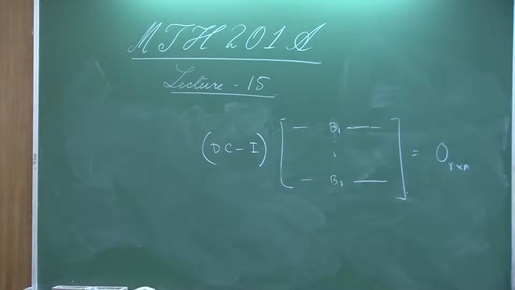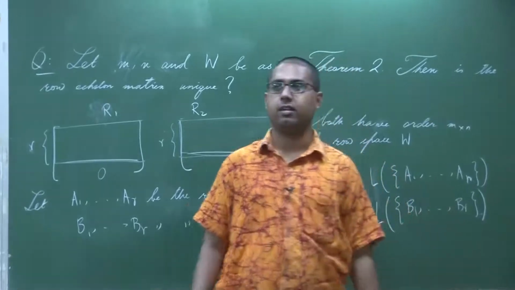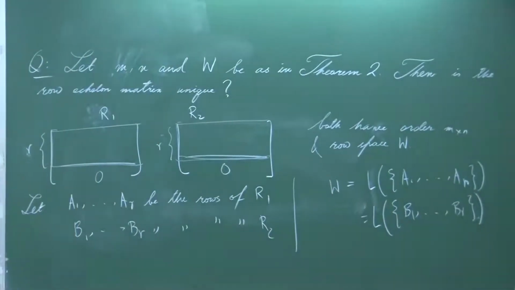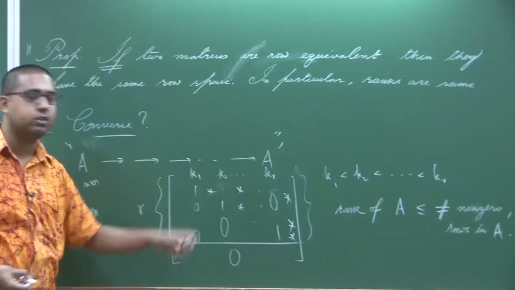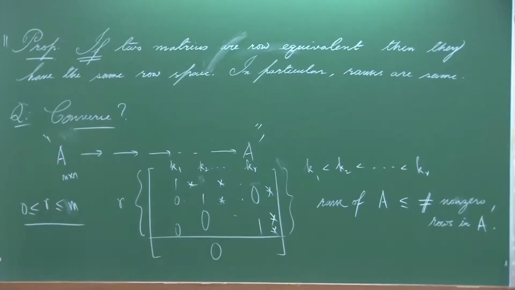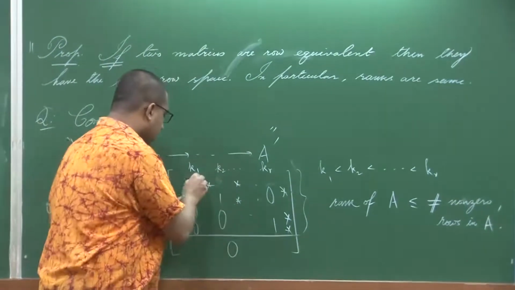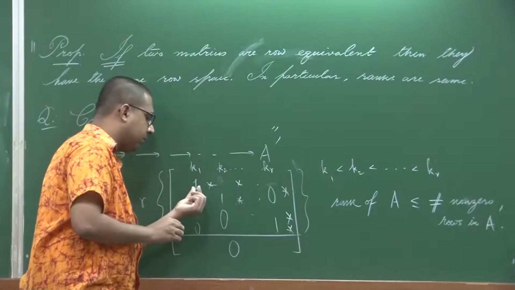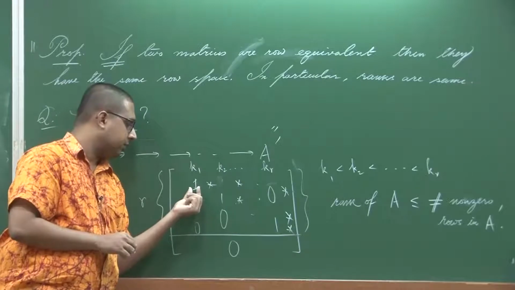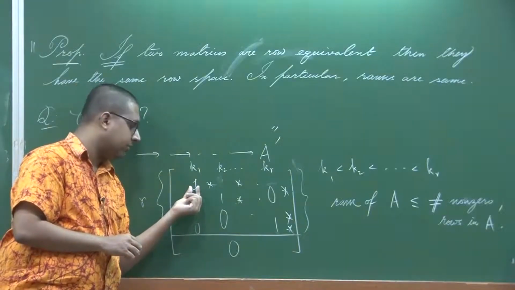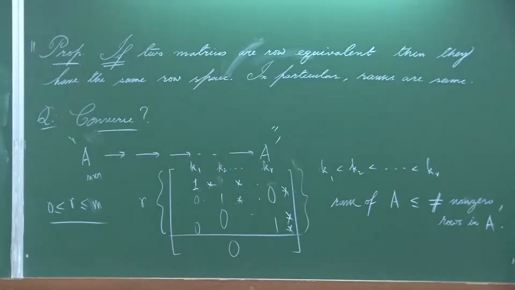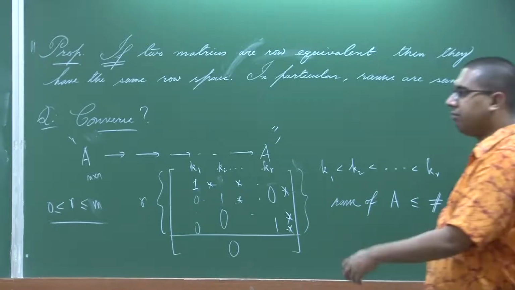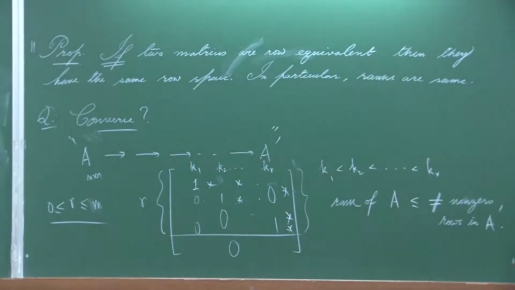So far we have just used that these two sets of vectors have the same span, but we have some further information that each Ai and each Bj has a very particular form. If, corresponding to K1, for A1 the K1 column is the pivotal column, that is the pivot 1, then for the other vectors the K1 column is 0. Similarly here as well, because this is also a row echelon form.